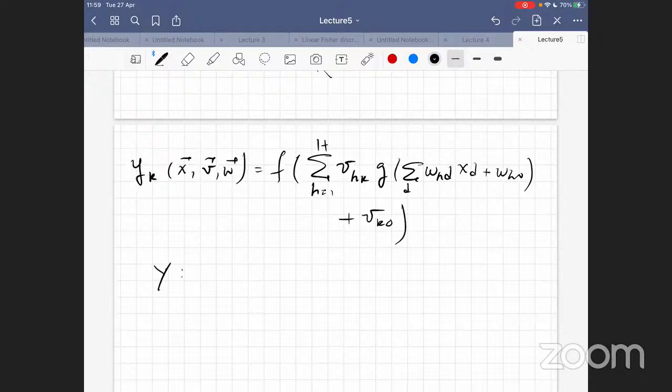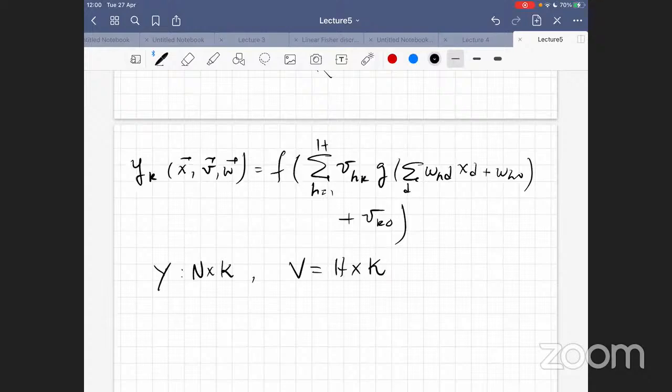It is a matrix with dimensions n by k, because I have n points and k classes. Let me introduce now a matrix V, collecting all these guys here, to be a matrix of h times k. This is the number of hidden units in the hidden layer times the number of outputs.